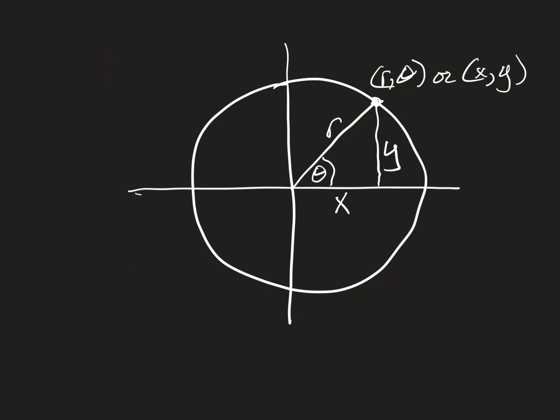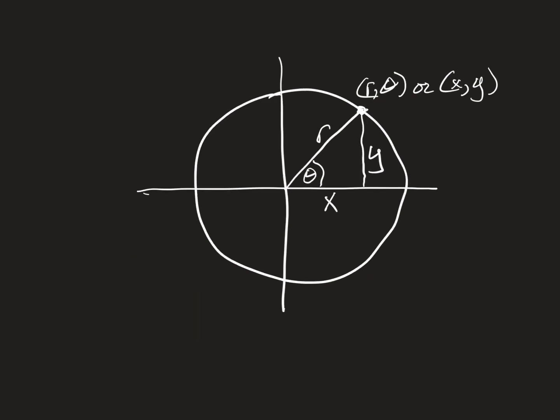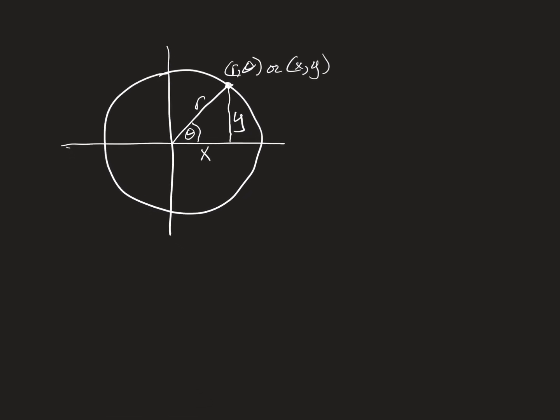Let me shrink it and put it up here, and I'll show you the 4 relationships. Number one relationship is we could use our sine and cosine.